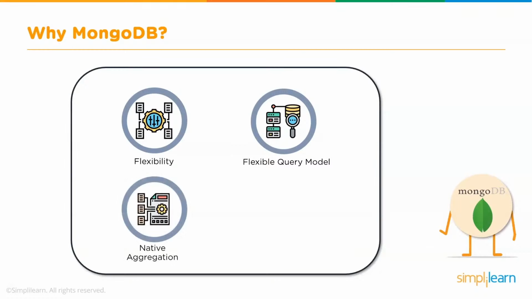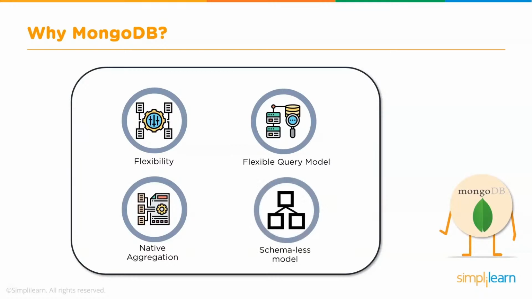Next up is native aggregation. Native aggregation allows its users to extract and transform data from MongoDB and either load them in a new format or export it from MongoDB to other data sources. It makes it extremely compatible. Lastly, as mentioned earlier, the schema-free model. Now, applications get the power and responsibility to interpret different properties in different ways.